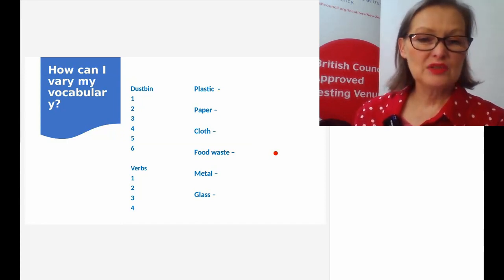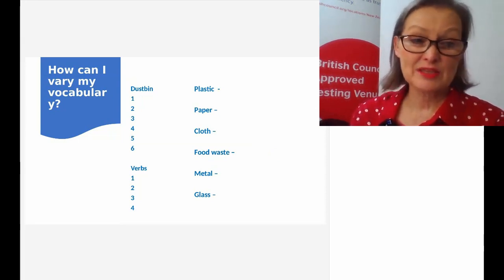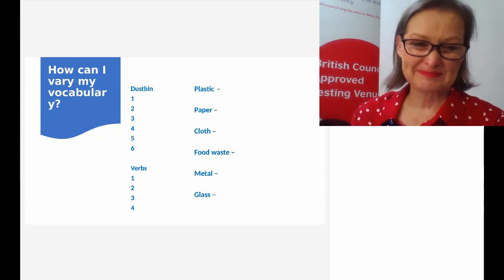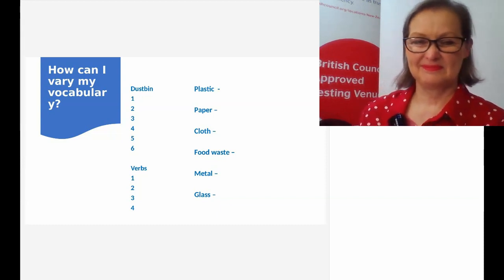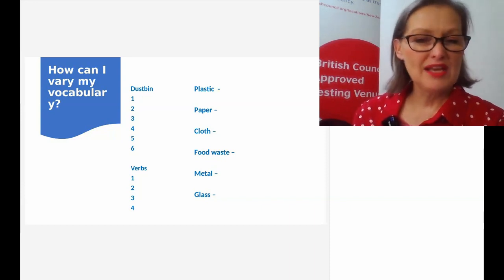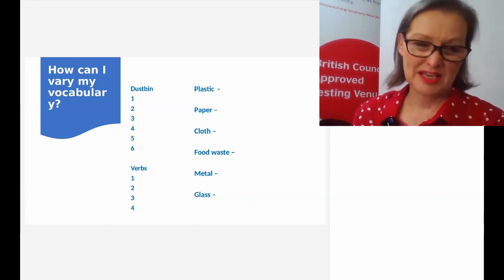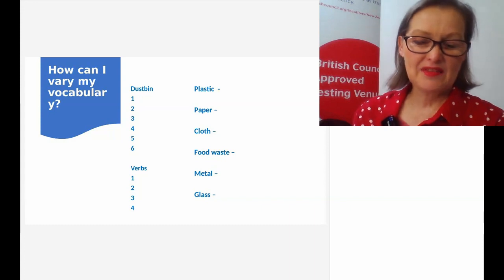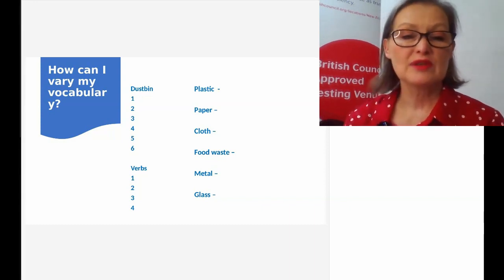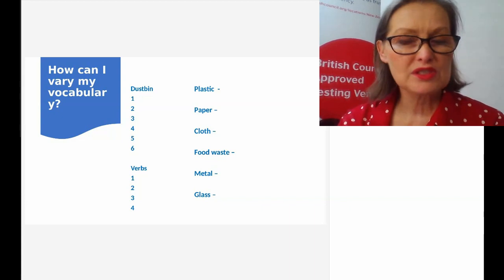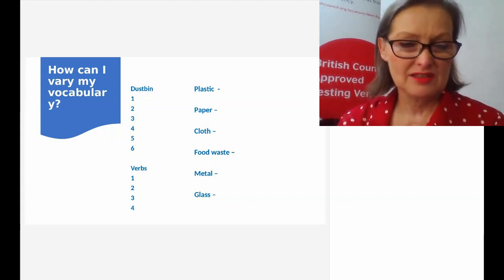And we've just had a look at a pie chart, and the title is The Contents of the Average Kiwi Dustbin. And we're just having a look at how we can extend our vocabulary. This is a little technique that you can do right at the beginning before you start writing your pie chart.